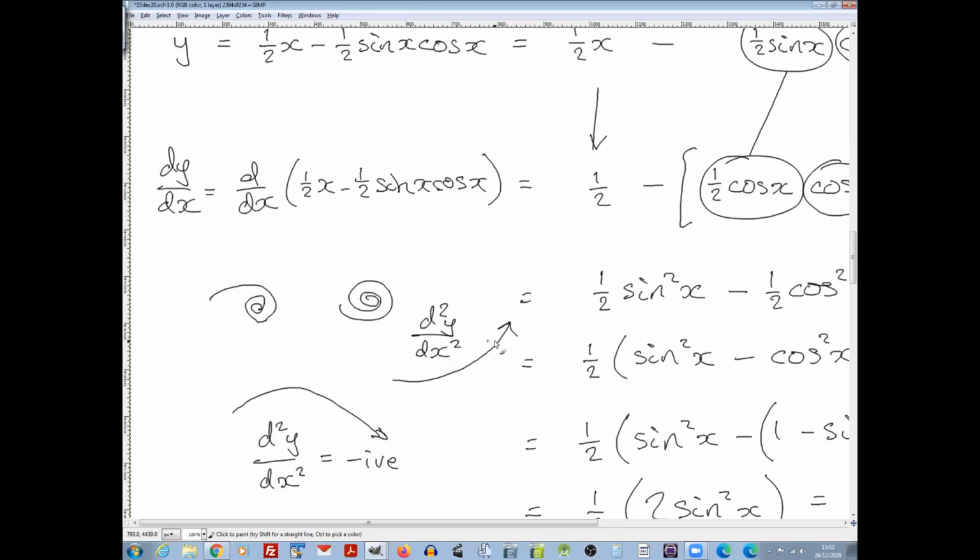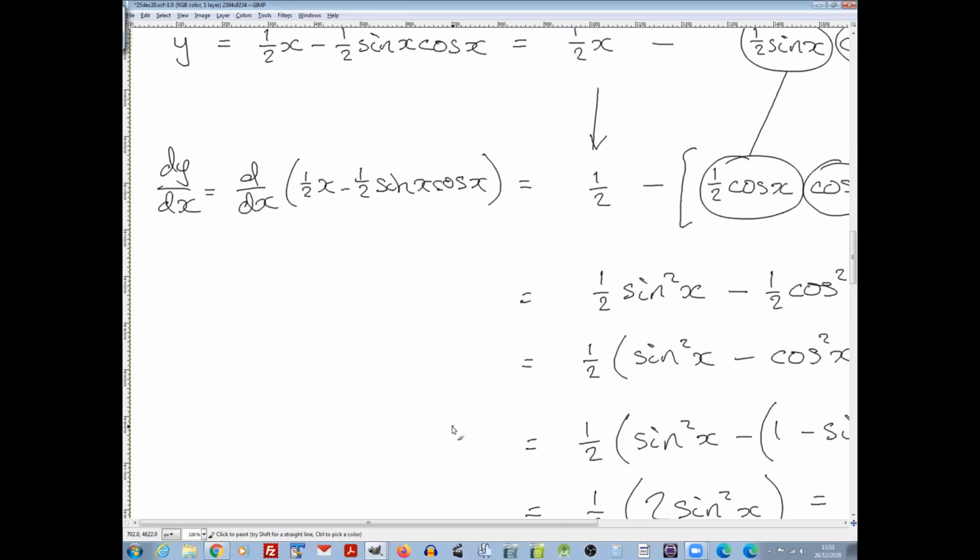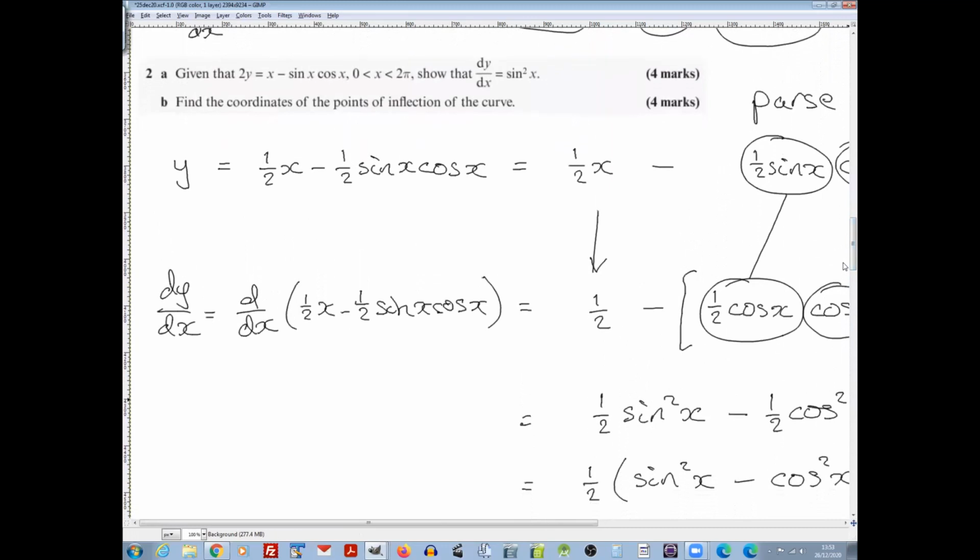And therefore, if you are at a point of inflection where the curvature is changing from one to the other, your second derivative is zero. So you're setting the first derivative to zero to find the locations of the turning points.